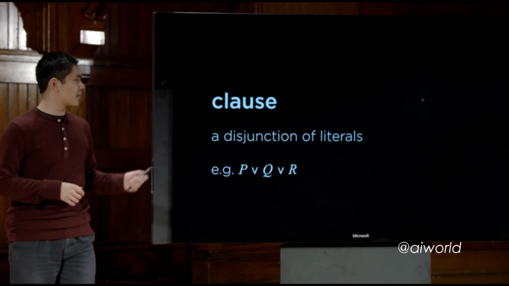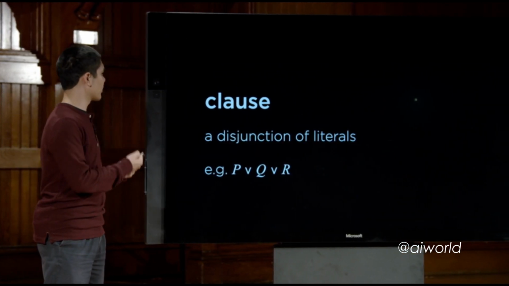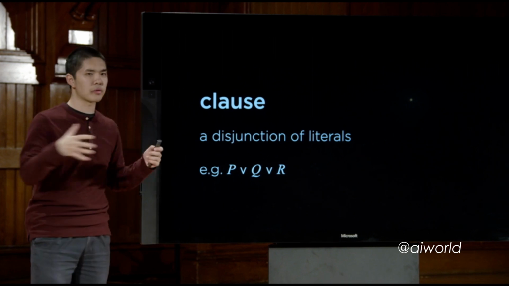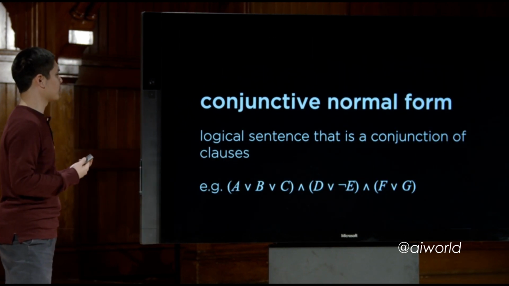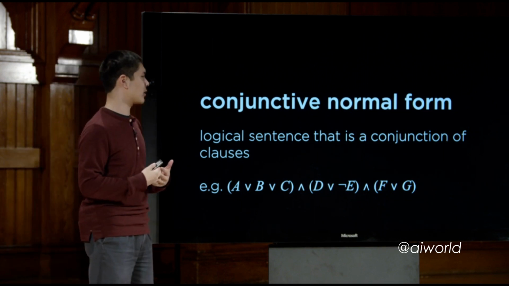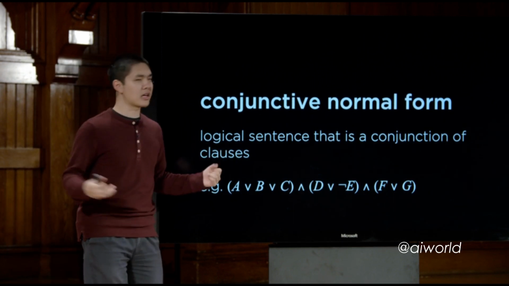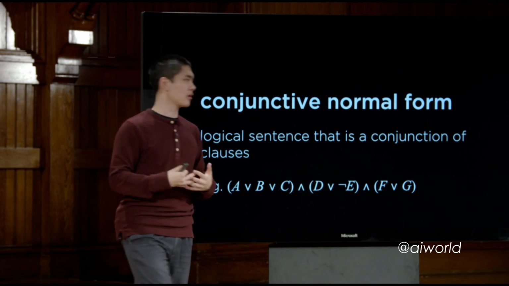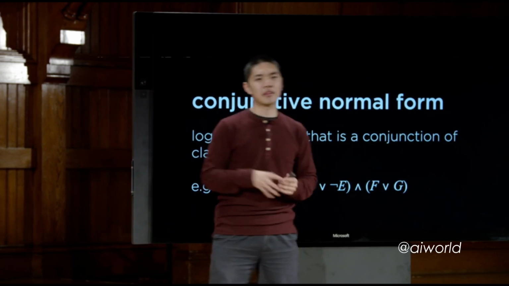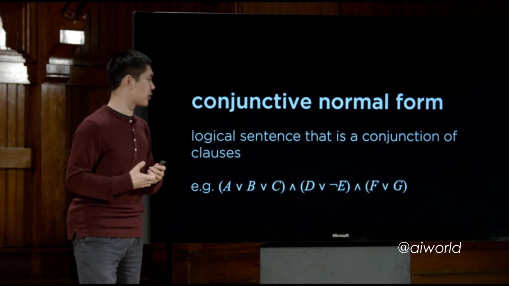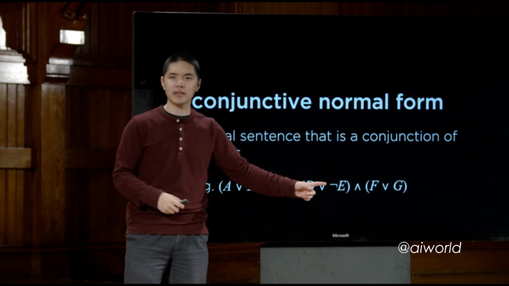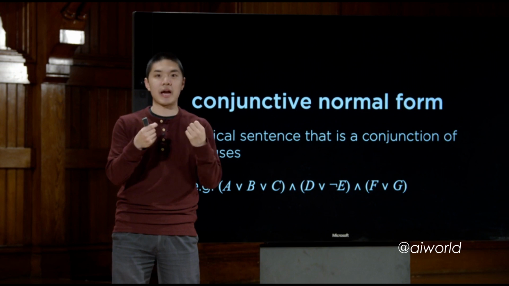Meanwhile, what this gives us is an ability to turn any logical sentence into something called conjunctive normal form. A conjunctive normal form sentence is a logical sentence that is a conjunction of clauses. Recall again, conjunction means things are connected to one another using and. And so a conjunction of clauses means that it is an and of individual clauses, each of which has ors in it.